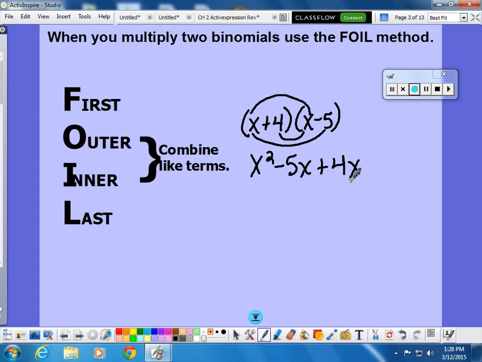And notice what it says here about outer and inner terms: they are often like terms. We'll get to that in a minute. And then last terms: if x and x are first terms, then 4 and 5 are last terms, and so 4 times negative 5 is negative 20.